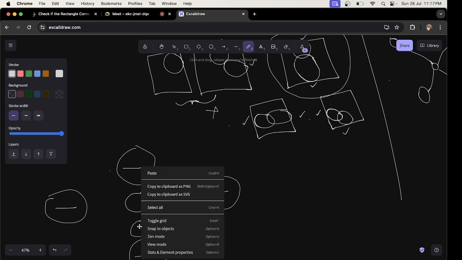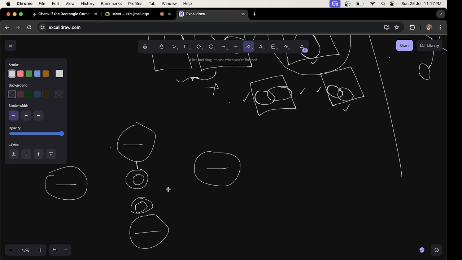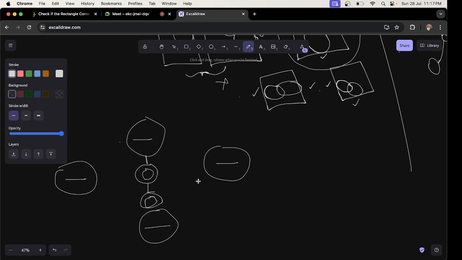This circle and this edge are connected, these two circles are connected because they are intersecting, and the bottom circle and the bottom edge are connected.